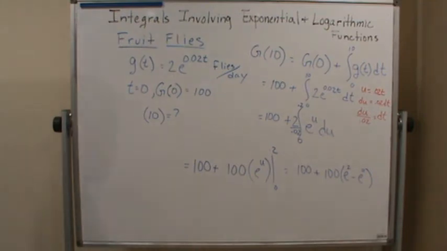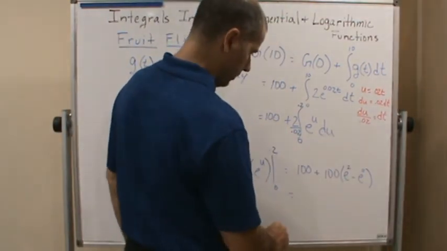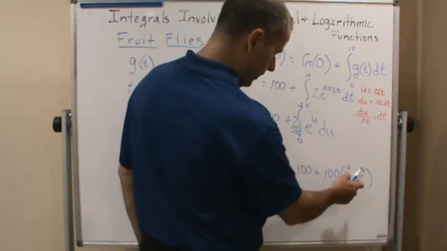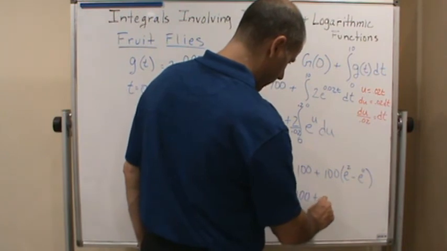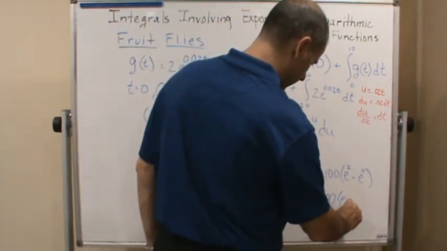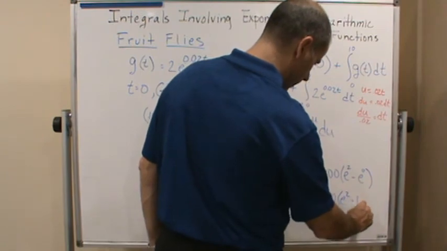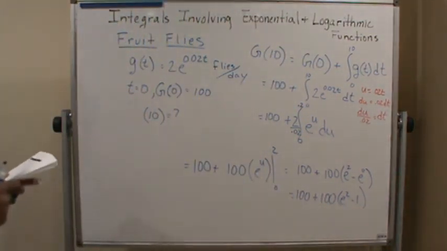Okay, so now what happens? Well, e to the 0 becomes 1, so I'm going to get 100 plus 100 times e to the 0.2 minus 1. And at this point, you could stick this in your calculator. I wouldn't do any more than that.